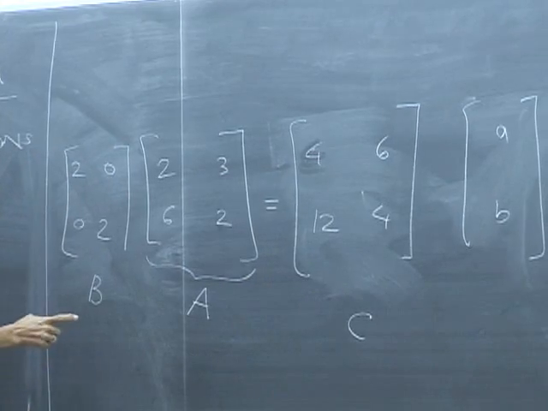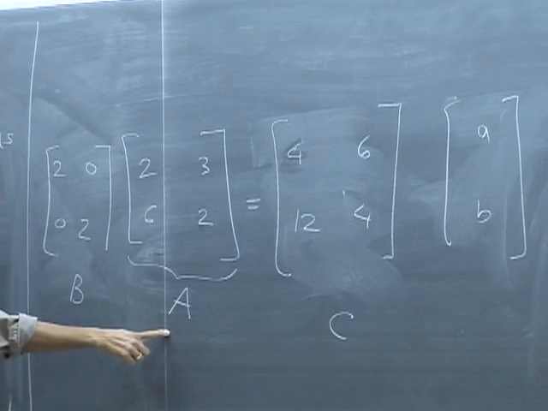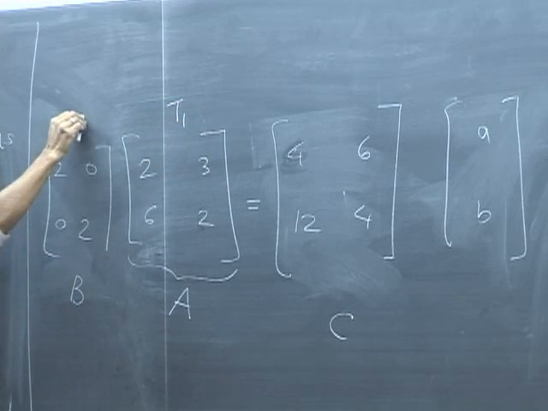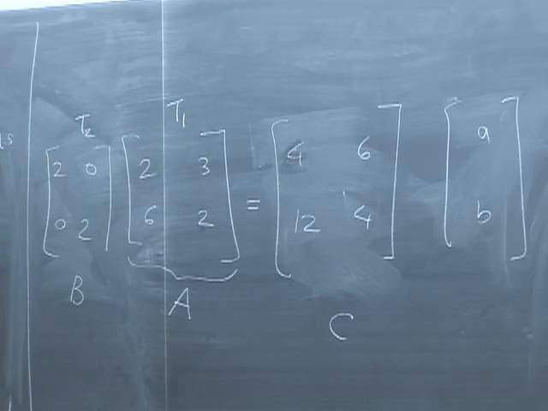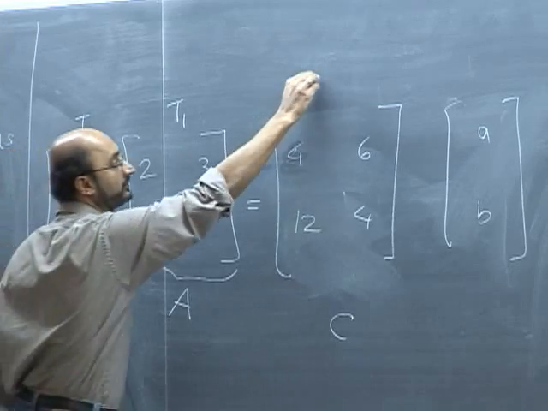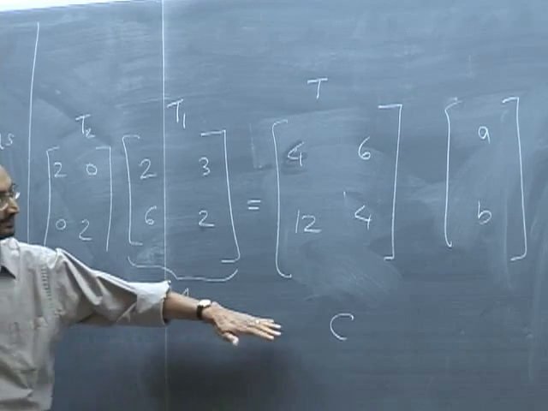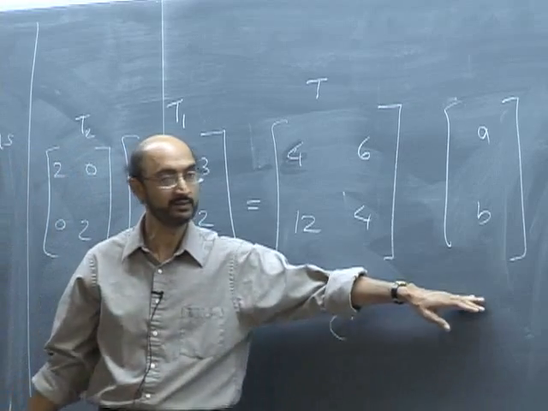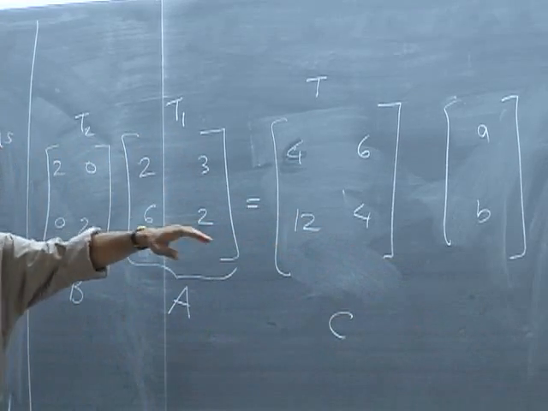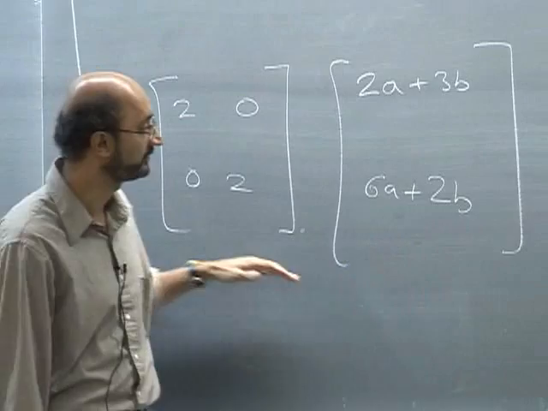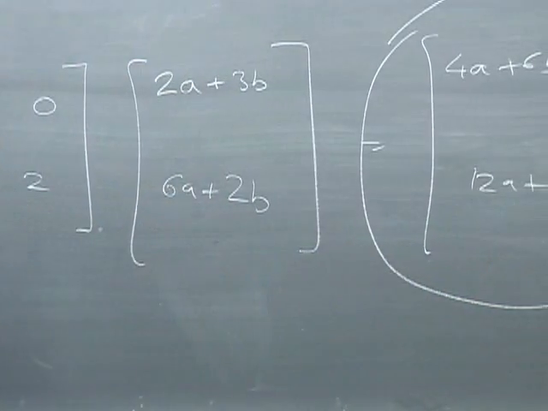So just to repeat, this was the matrix A we started out with. Let's call that transformation T1. And this is the second transformation, T2. And the combined transformation, let's just call that T, is given by the matrix product of T2 and T1. And then the effect of applying C on the vector a, b is the same as applying the two transformations one after the other, because this was the first transformation, this is the second transformation, we got this, so it works out to be the same.